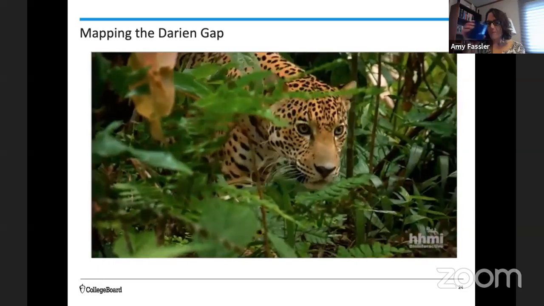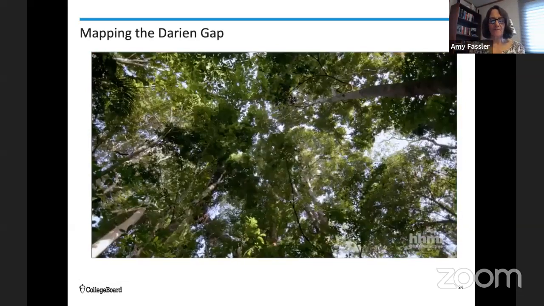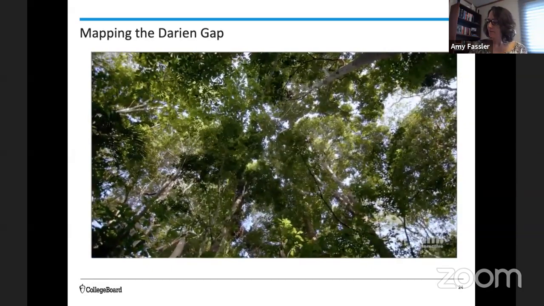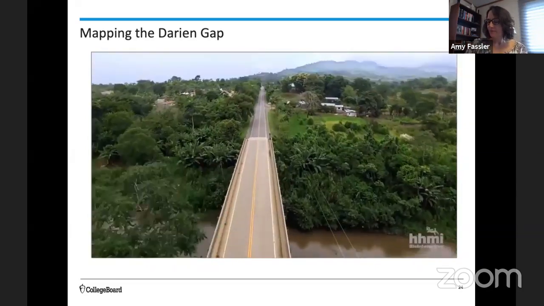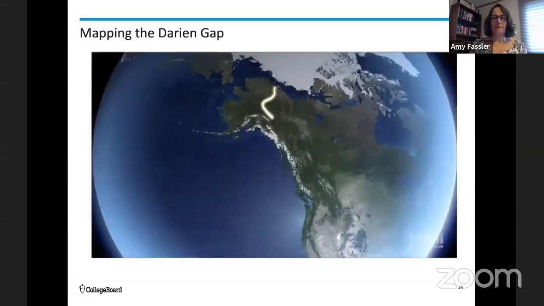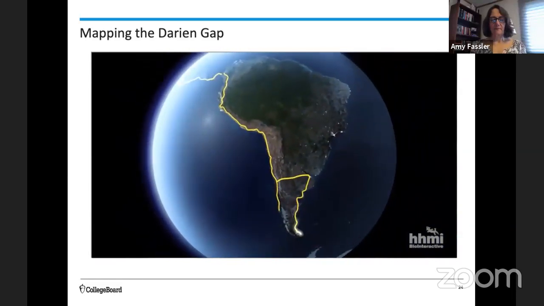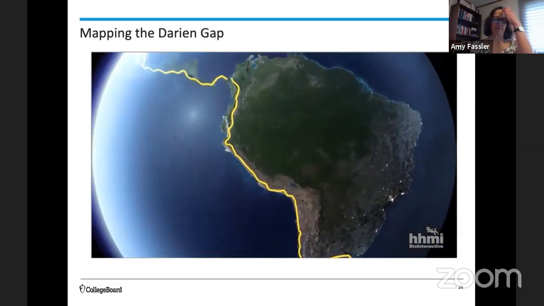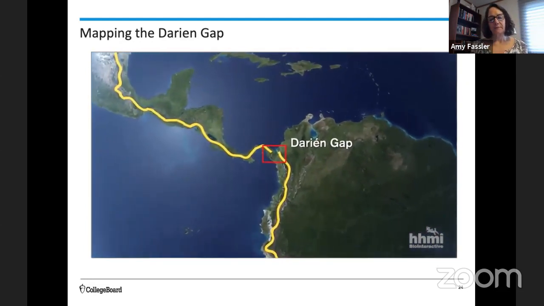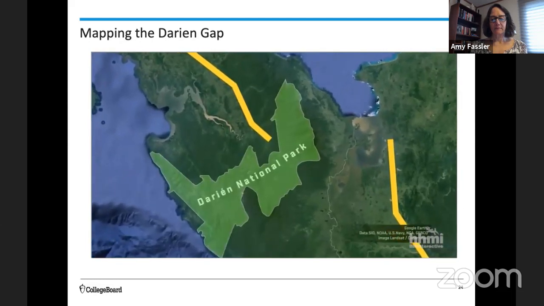Among endangered tropical forests, this one is unique. This forest sits in the middle of the longest road on Earth, the Pan American Highway, which runs from the tip of Alaska to Tierra del Fuego, Chile. The forest is called the Darien Gap because it is the only interruption in the highway. Within this region lies Darien National Park.